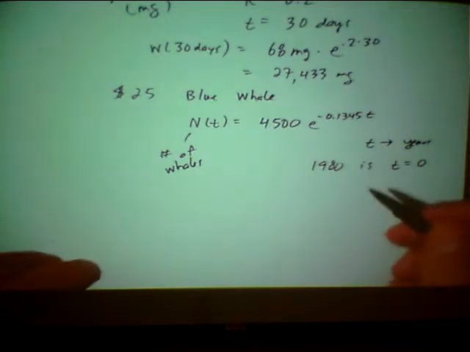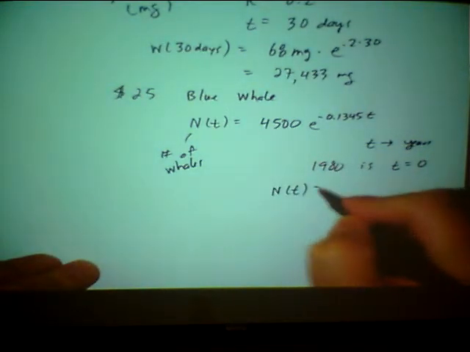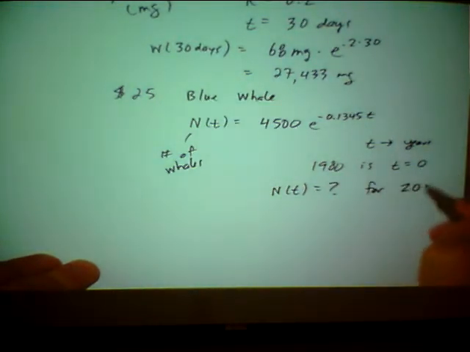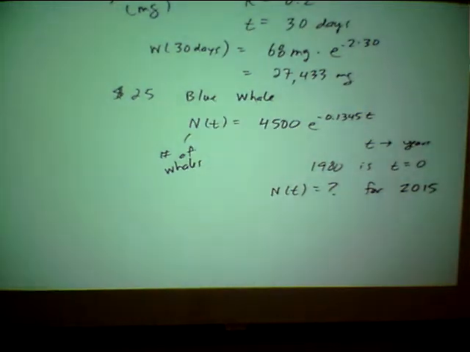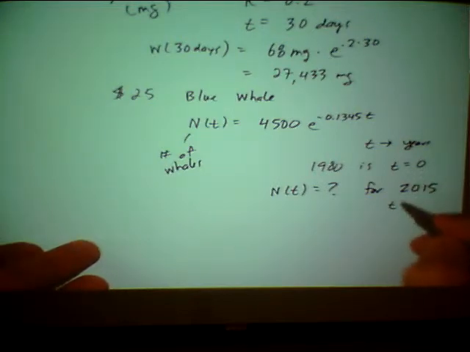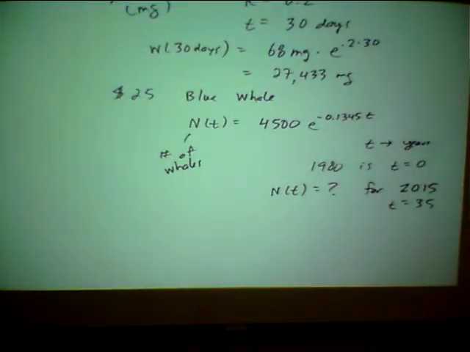So therefore, they're asking us to find the number for 2015. Well, if 1980 is year 0, what year would 2015 be? It's been 35 years past 1980, so now I'm going to plug into my equation t equals 35.